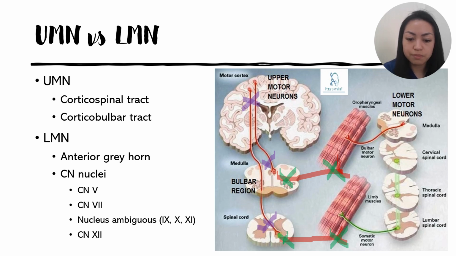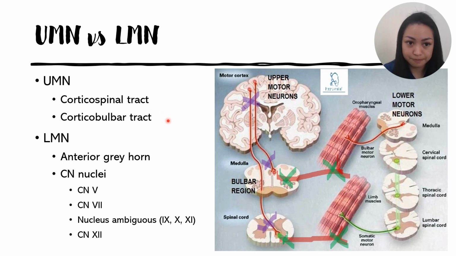Also, just to give you a bit of terminology here, the corticobulbar tract is quite special. So damage to the corticobulbar tract has a specific name. An upper motor neuron lesion in the corticobulbar tract is called pseudobulbar palsy.